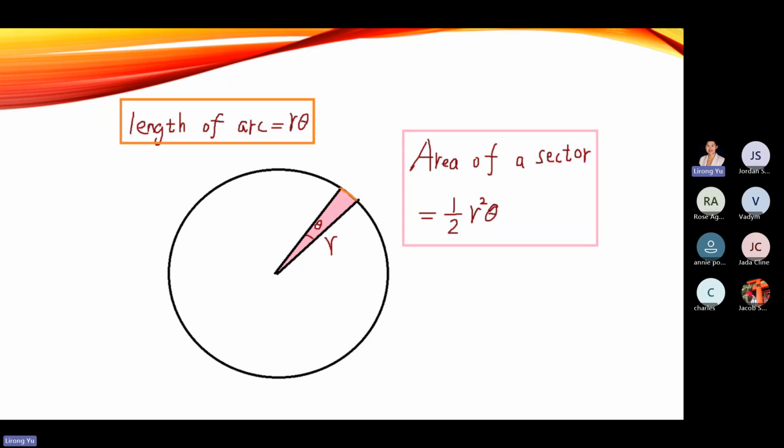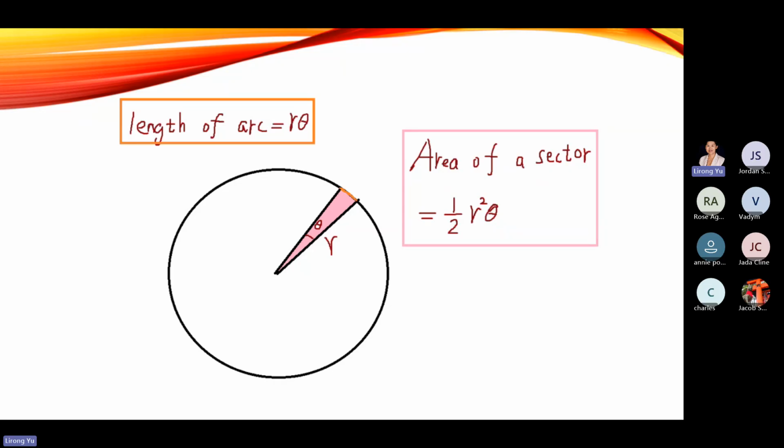The area calculation formula is 1/2 r squared times theta. How do we remember it? The way I remember it is 1/2 base times height. If you look at that sector, it's kind of like a triangle. The base is the arc, r times theta.